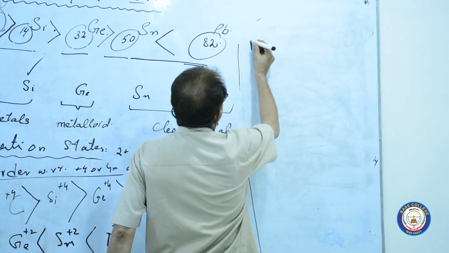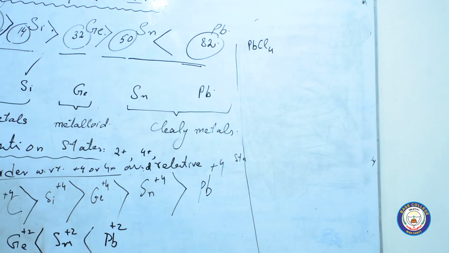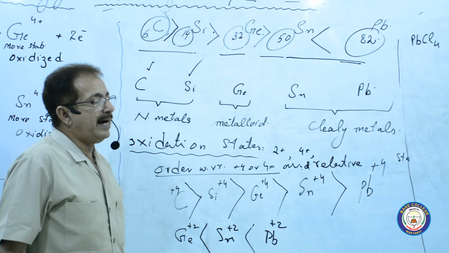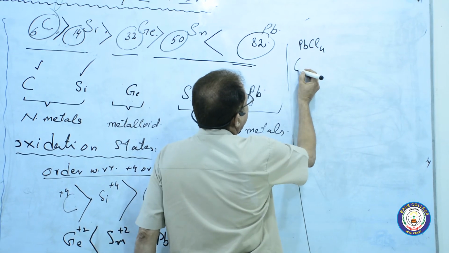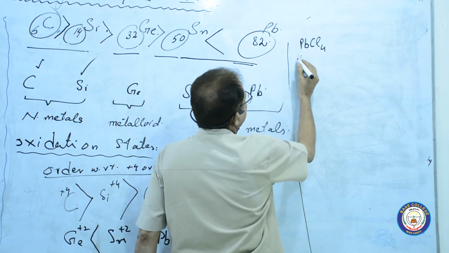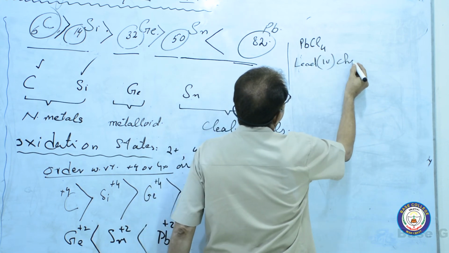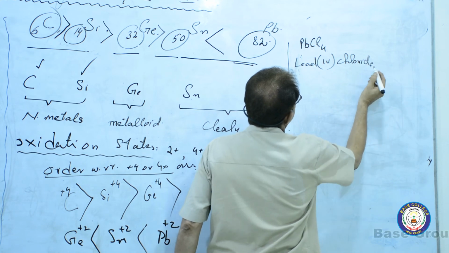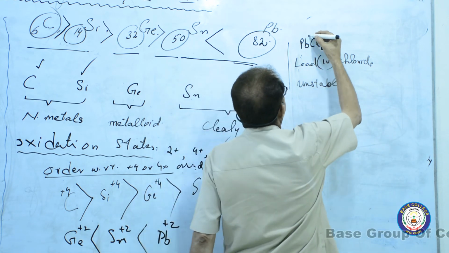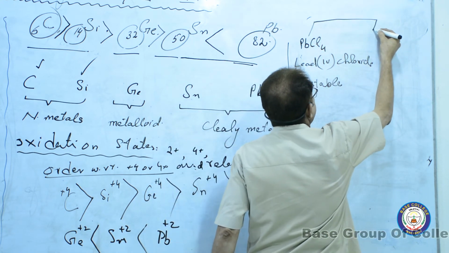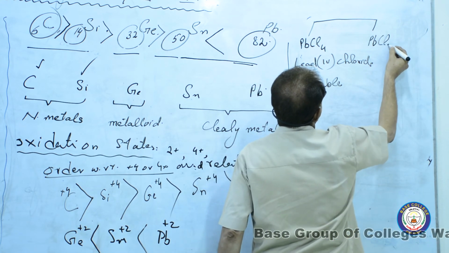For example, PbCl4, lead tetrachloride or tetrachloro lead. Lead 4 chloride, you know, this one is unstable. It decomposes into PbCl2.